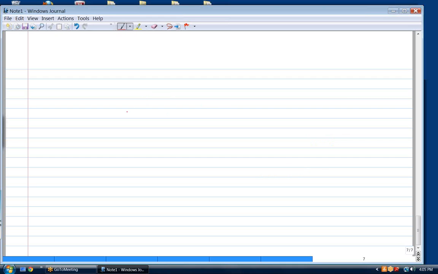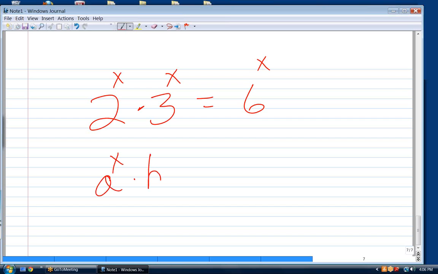The other case is where you have a different base but the same exponent. In other words, if I have 2 to the x times 3 to the x, I can do something with that. That's 6 to the x. In other words, a to the x times b to the x is equal to ab to the x. Okay.